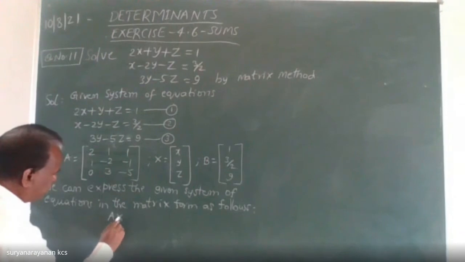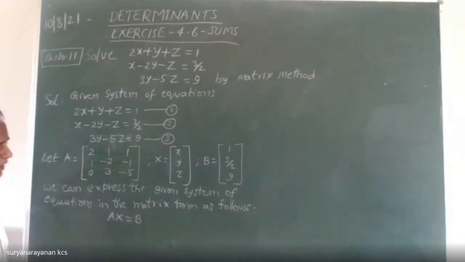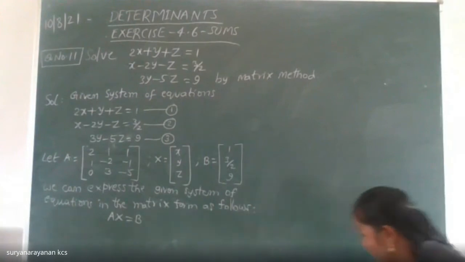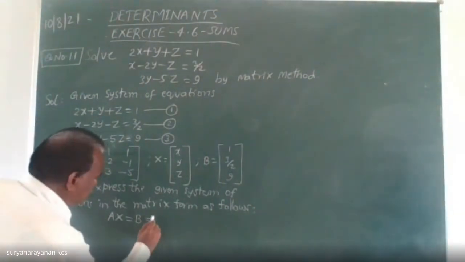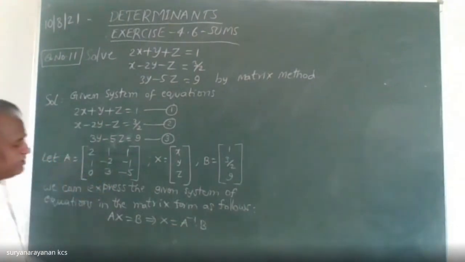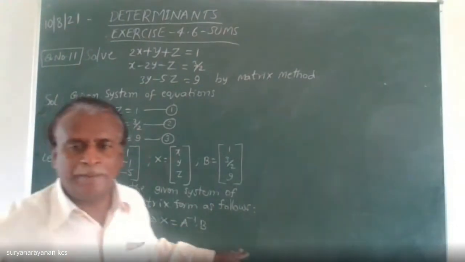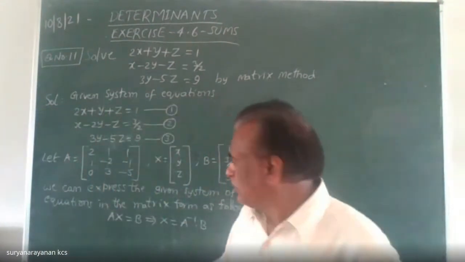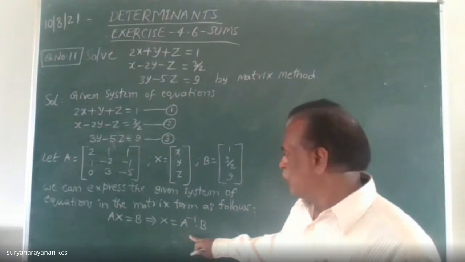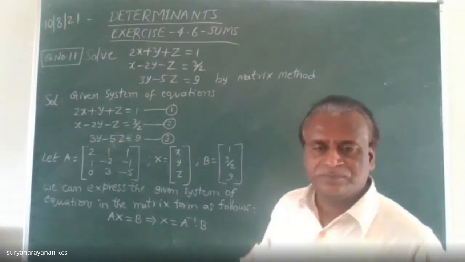That is, A into X is equal to B. You have to remember this equation. This implies X is equal to A inverse into B. Previously also I told you, you should remember these two equations. A into X is equal to B. This implies A inverse into B is equal to X.